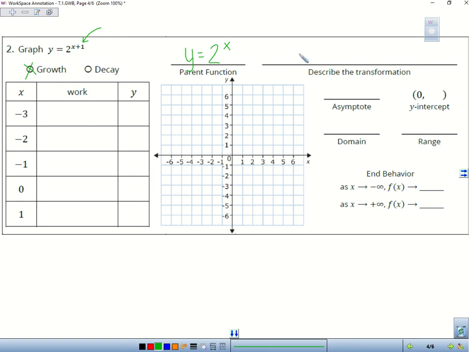H, which means that we go 1 unit left. Good. Remember, H is always backwards from how it appears. That one is easy to forget. So, what is the K if we don't have one? 0.